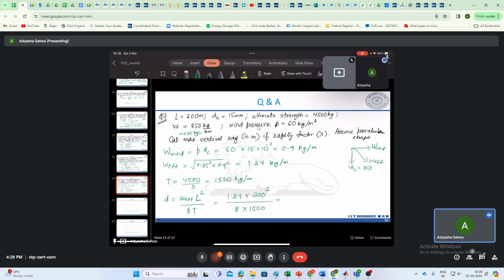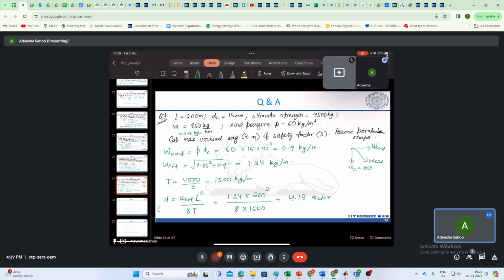This will come out as 4.13 meter. So this is your deflected sag, right?